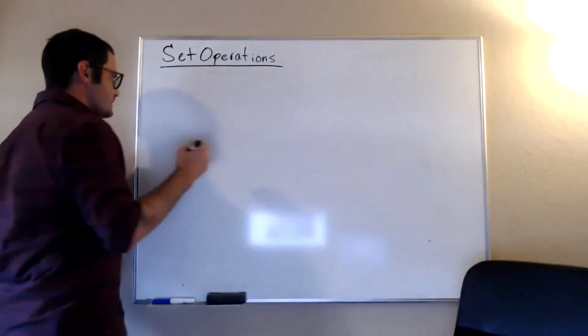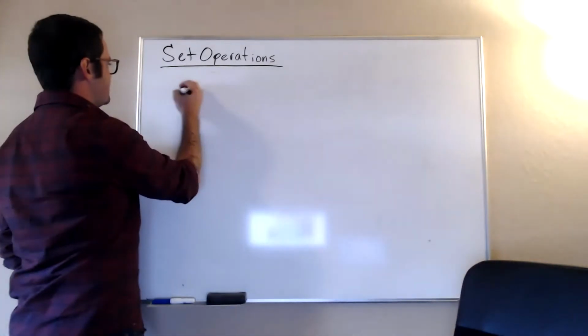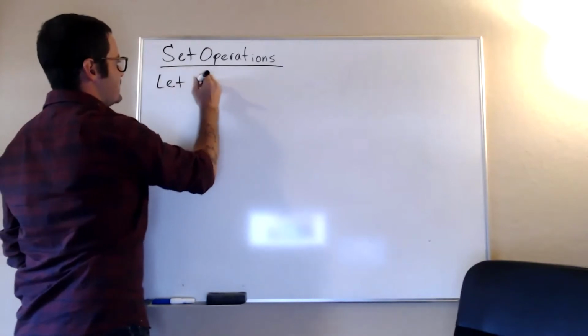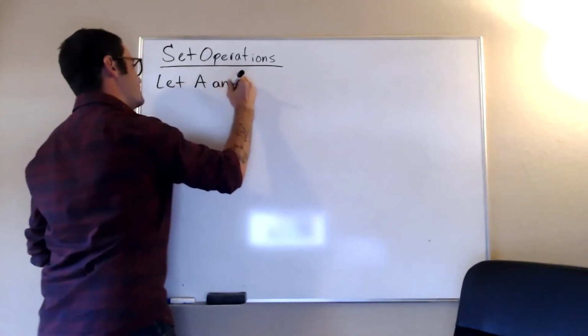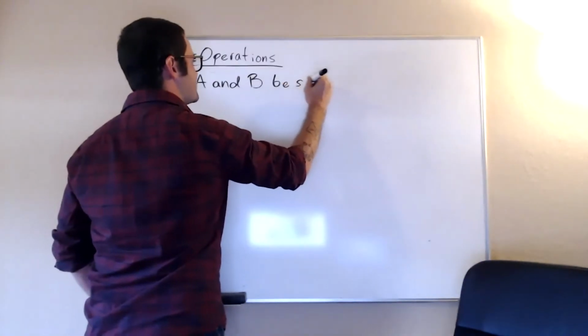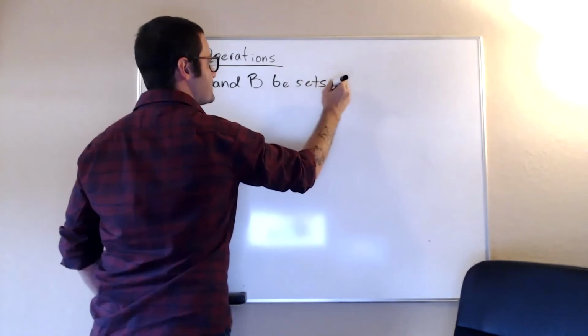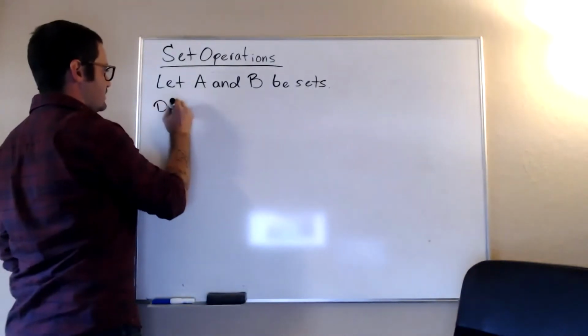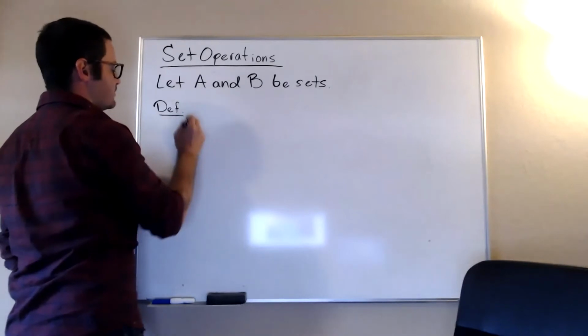Okay, so I'm going to go ahead and just say let A and B be sets. And the first operation we're going to look at is called the union.